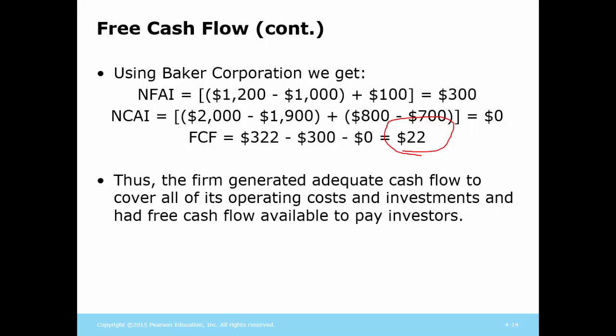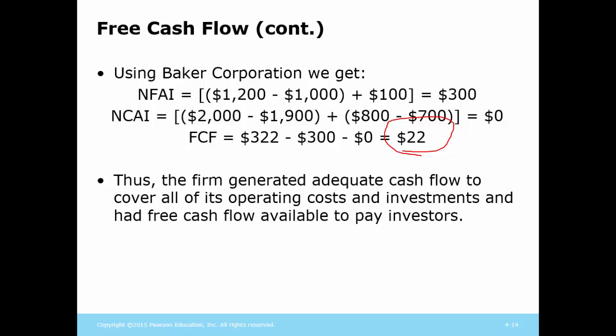So again, what this means is that after we paid for all the expenses of the company, all the utilities, all the labor, the marketing, the advertising, we've even purchased plant and equipment, and we've had some changes in our current liability and asset base. After that's all over, we have $22 left over to pay to investors.